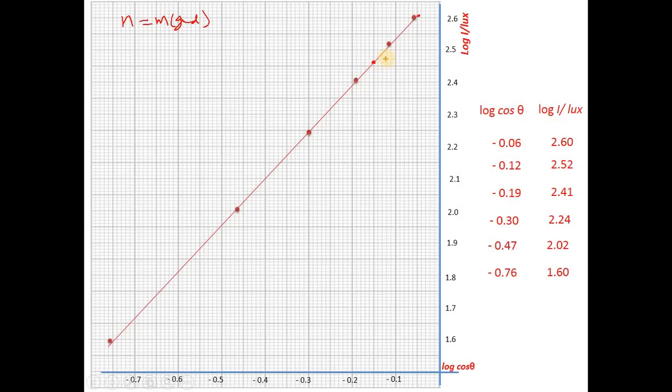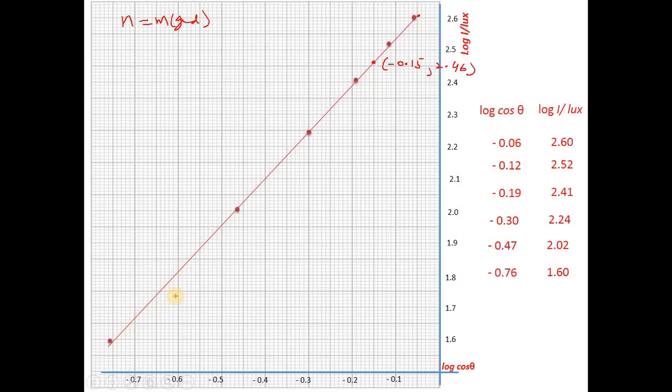So the coordinate of this point will be minus 0.15, comma, and the vertical value would be 2.456. Then we can choose another point, like this one is also a good point.